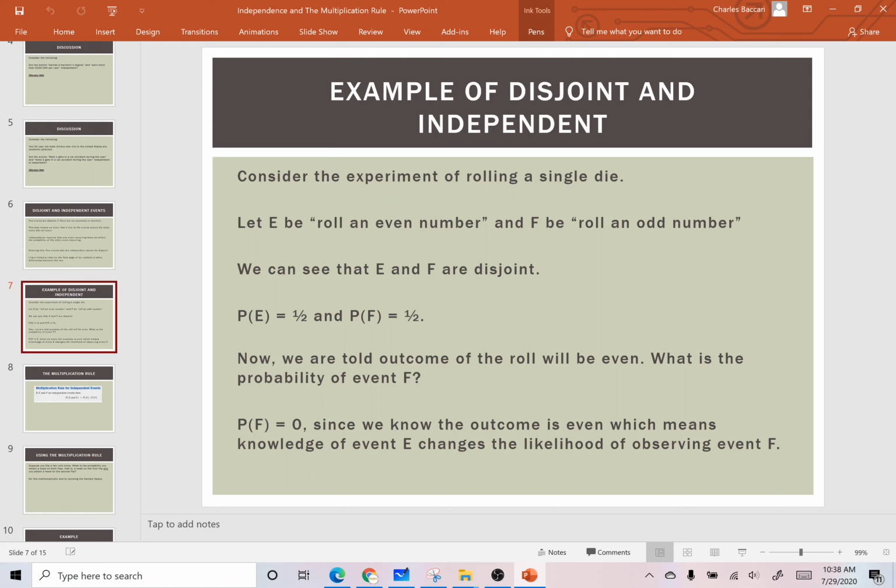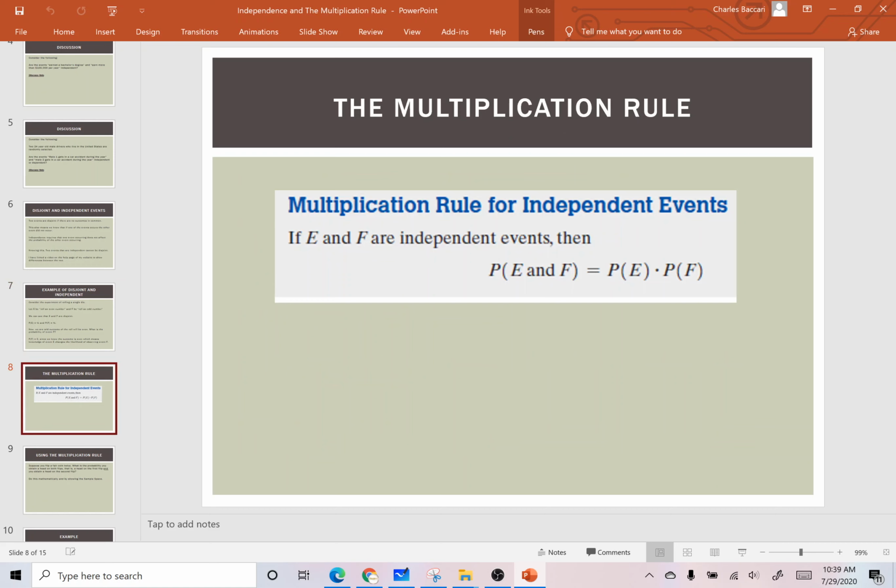Well, the probability of event F is 0 now because we know what the outcome is going to be. Since we know the outcome, it changes the likelihood of it happening, so they cannot be independent of each other now, because obviously the probability changed. It's dependent on the fact that we know what was rolled. It was an even instead of an odd.